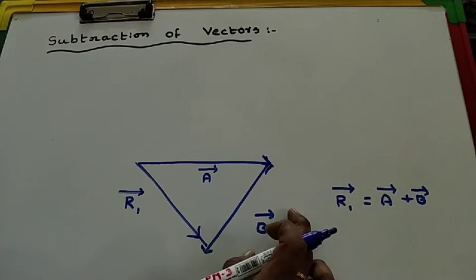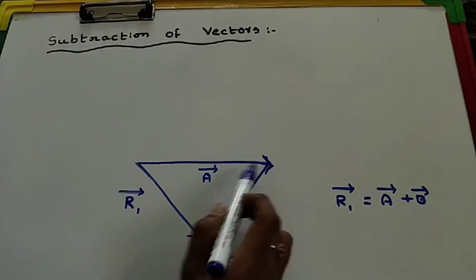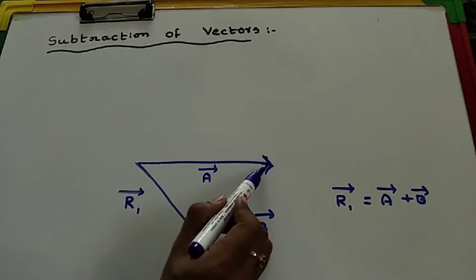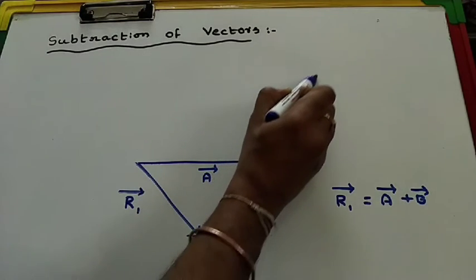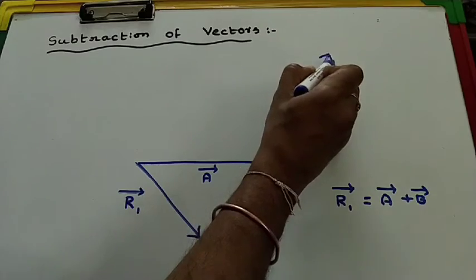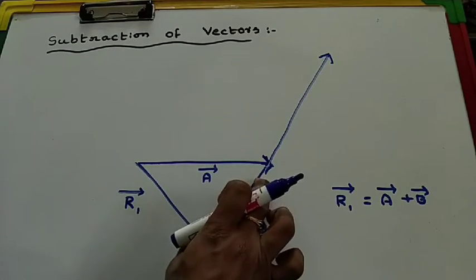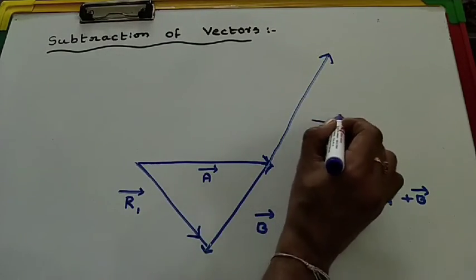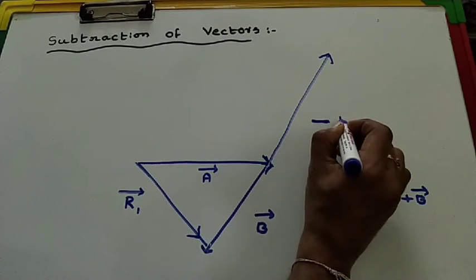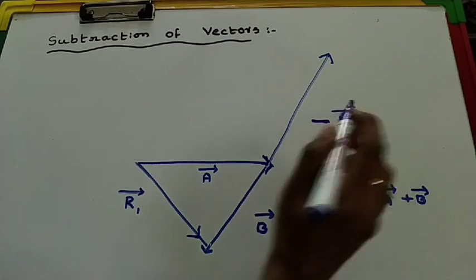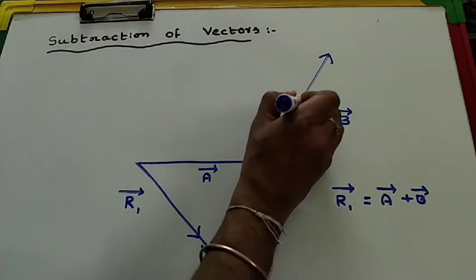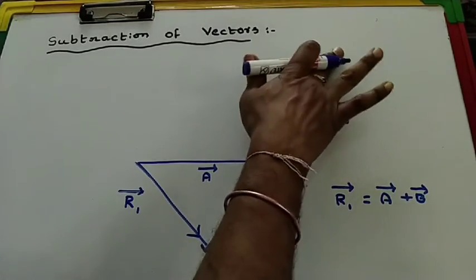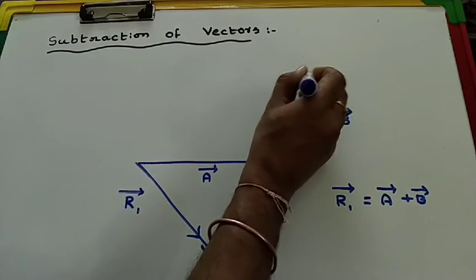Now I want to take another vector from the head of the A vector opposite to the B in this direction. Consider, if this is B vector, the opposite vector is called as minus B vector.